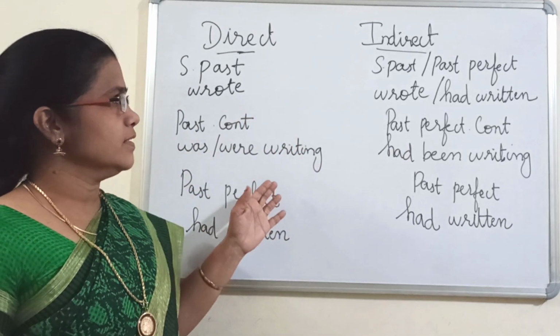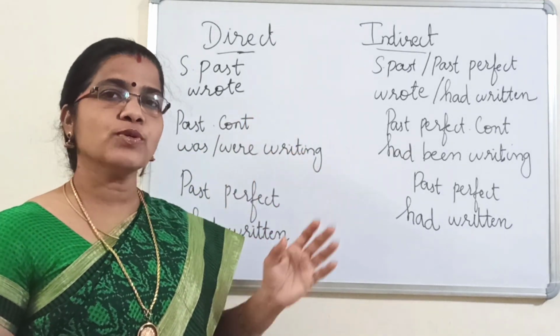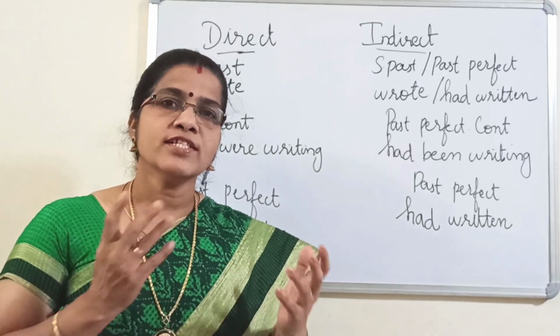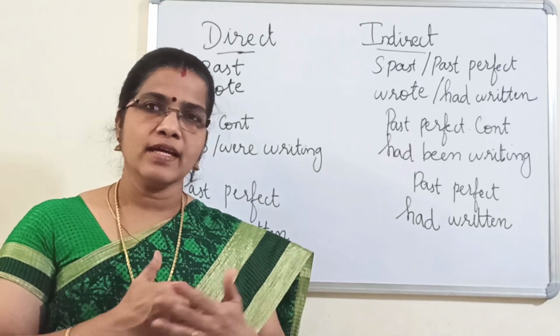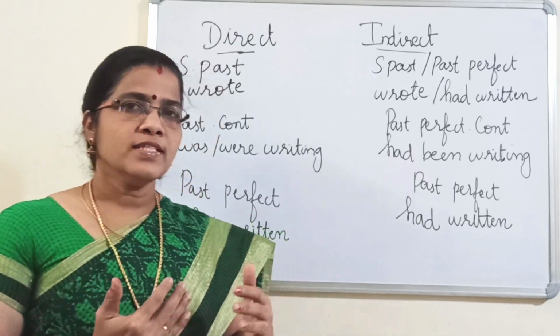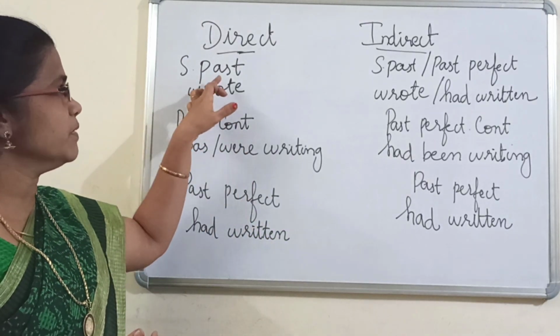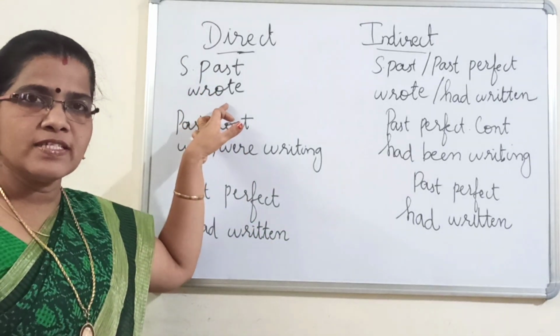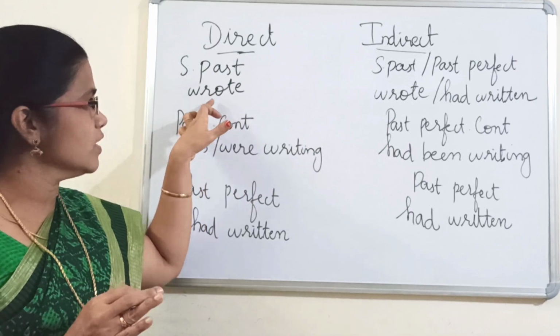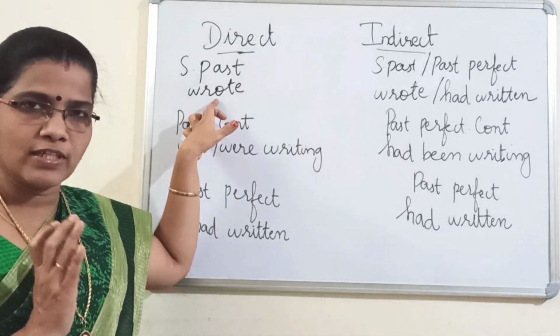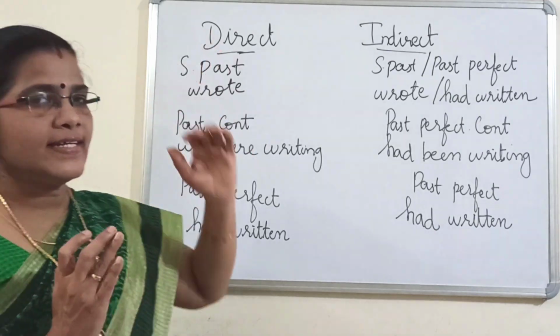Now look at this. Here in direct speech you get past tense form. So what change do you make? You cannot make it present tense again. So what are the changes that you have to do? I have simple past tense here. If you take the same verb write, what is its form? W-R-O-T-E, wrote, in simple past tense. So what is the change?